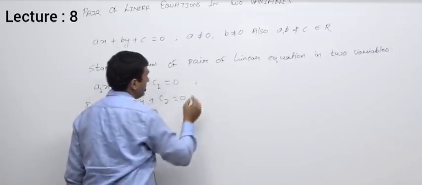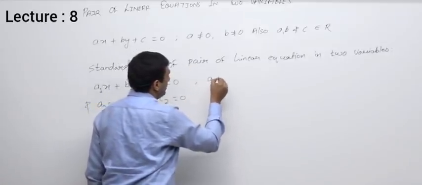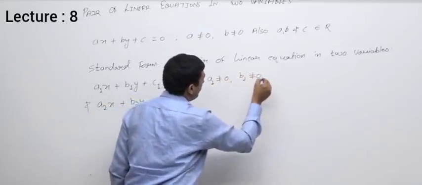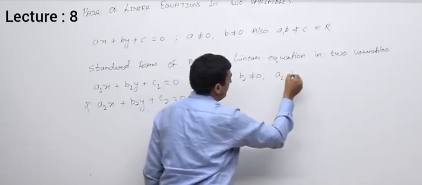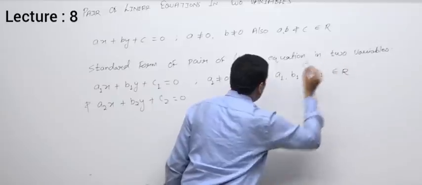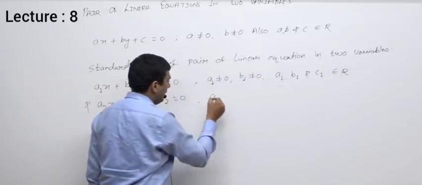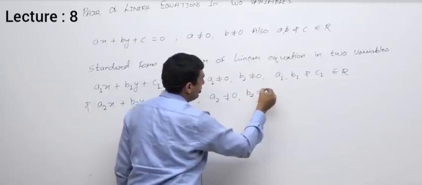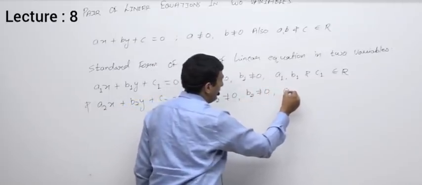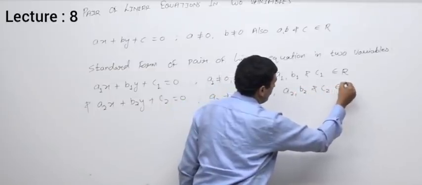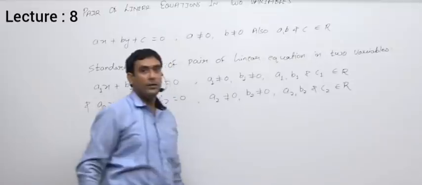Again the conditions remain the same: a1 should not be equal to 0, b1 should not be equal to 0, and a1, b1 and c1 belong to real numbers. Similarly a2 should not be equal to 0, b2 should not be equal to 0, and a2, b2 and c2 must also belong to the set of real numbers.